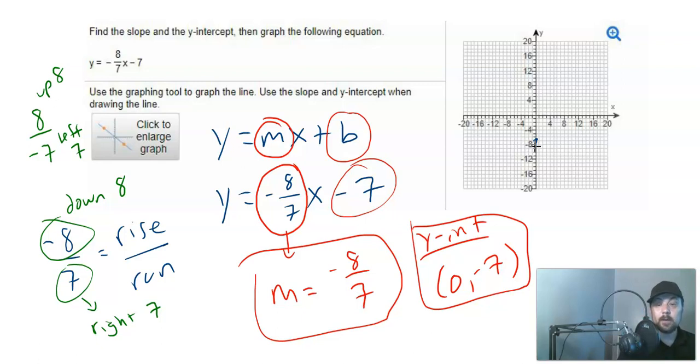So starting from 0, -7, we are going to go down 8, which takes me down to -15. I'm going to mark it just so I can line things up a little bit. But that's not my point, because I also have to go to the right 7. And so this is going to be hard to do. I might need to go get my glasses, actually. I feel like my eyes are going cross-eyed.